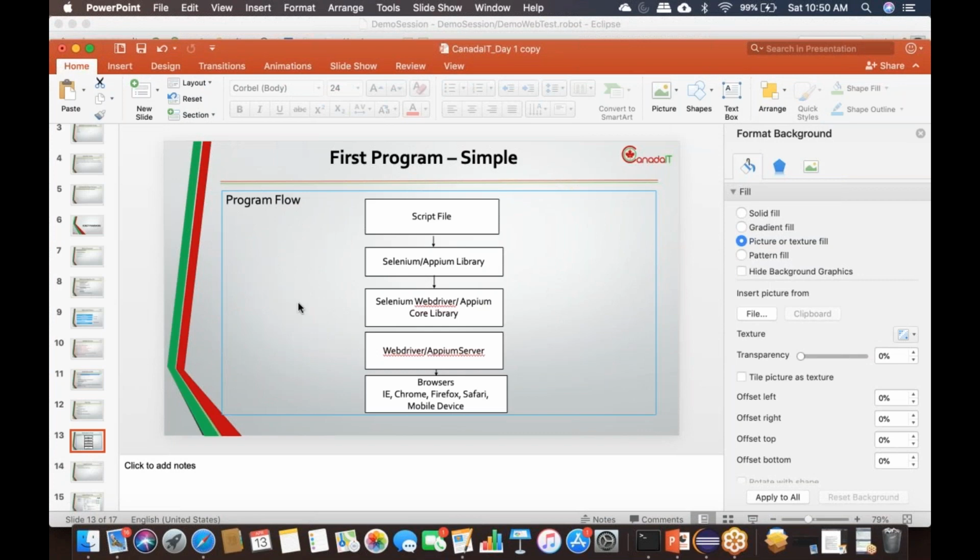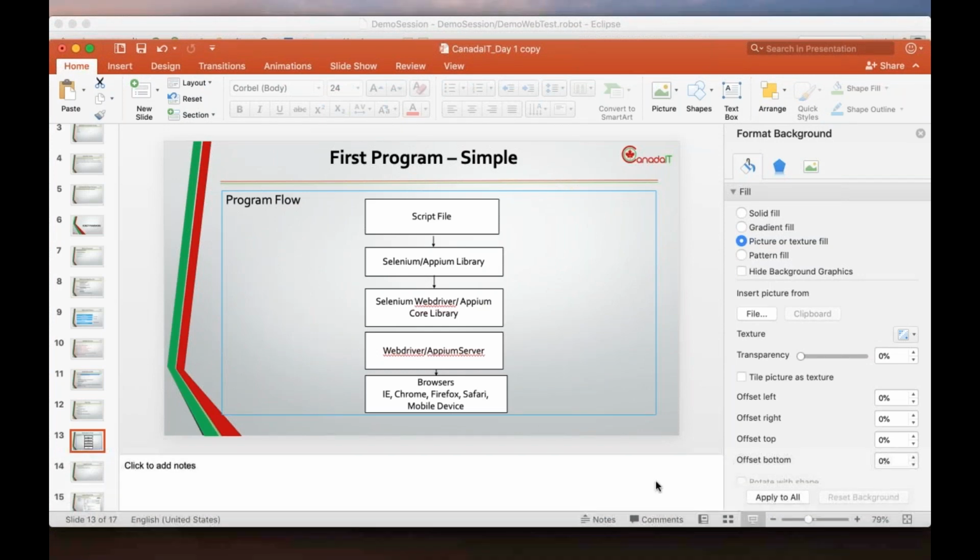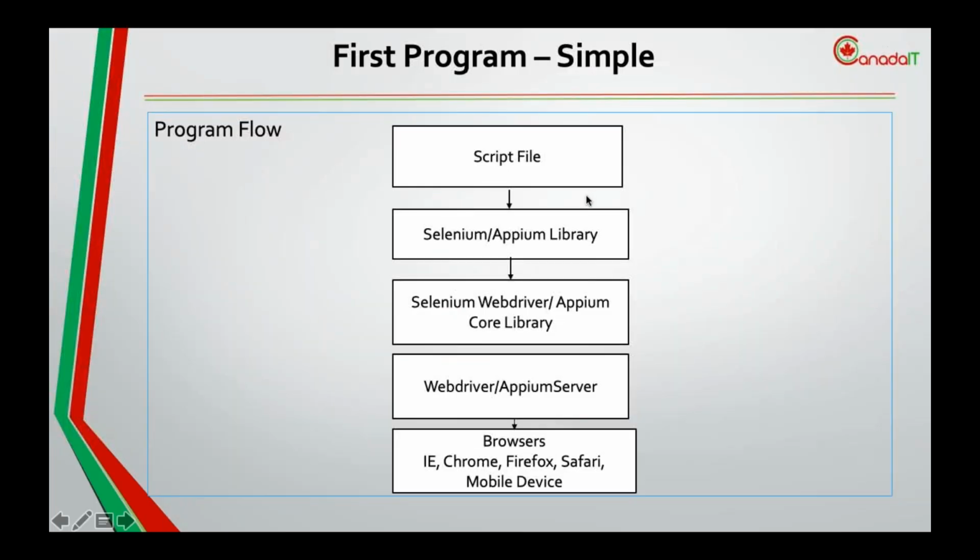This is the one I wanted to show you, because this is what we are doing. This is a very high-level flow of the program we just ran. You have your script file, and that script file calls your Selenium or Appium library.